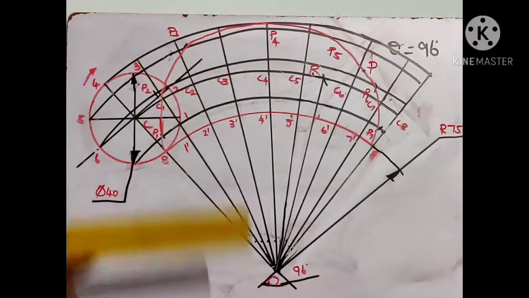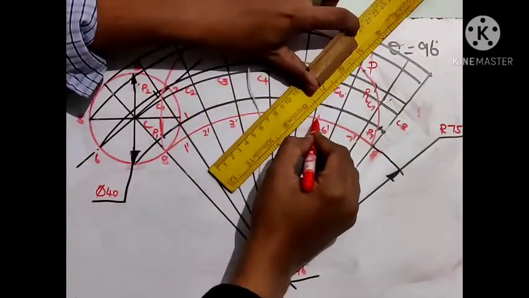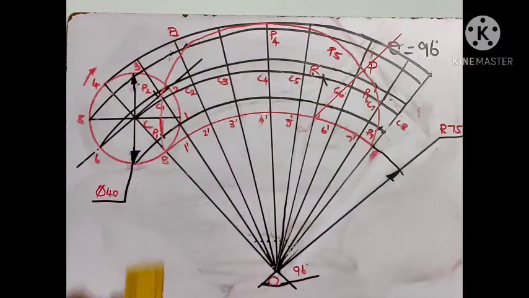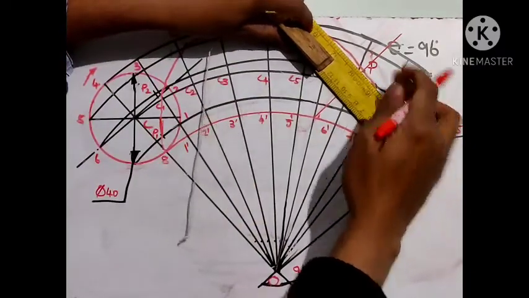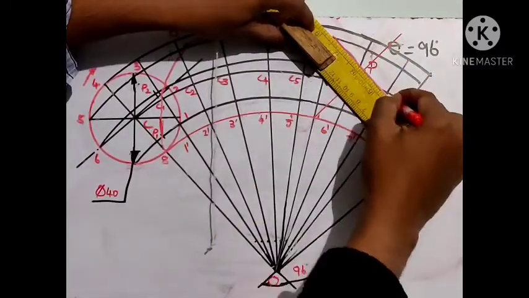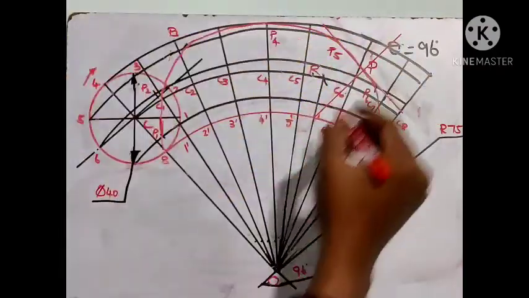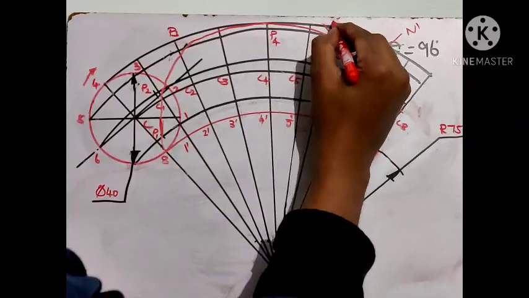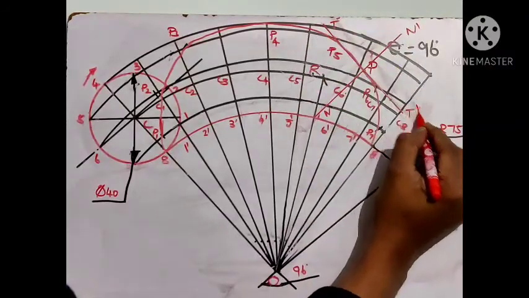From that point, you need to extend a line to P, so that is your normal, and you need to draw a perpendicular to that, right? So that is your tangent. So this is N dash N, and this is T dash.